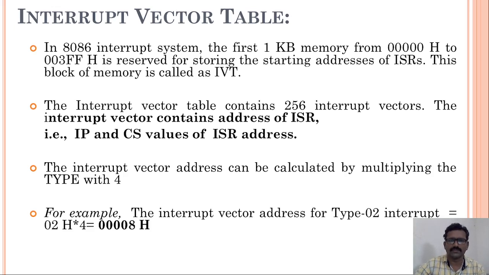The interrupt vector table contains 256 interrupt vectors. The interrupt vector contains the address of the ISR, the IP and CS values. The interrupt vector address can be calculated by multiplying the type by 4, because each type requires 4 memory locations. For example, for type 2 interrupt, 2 times 4 is 8. This is the address of the ISR for interrupt type 2.